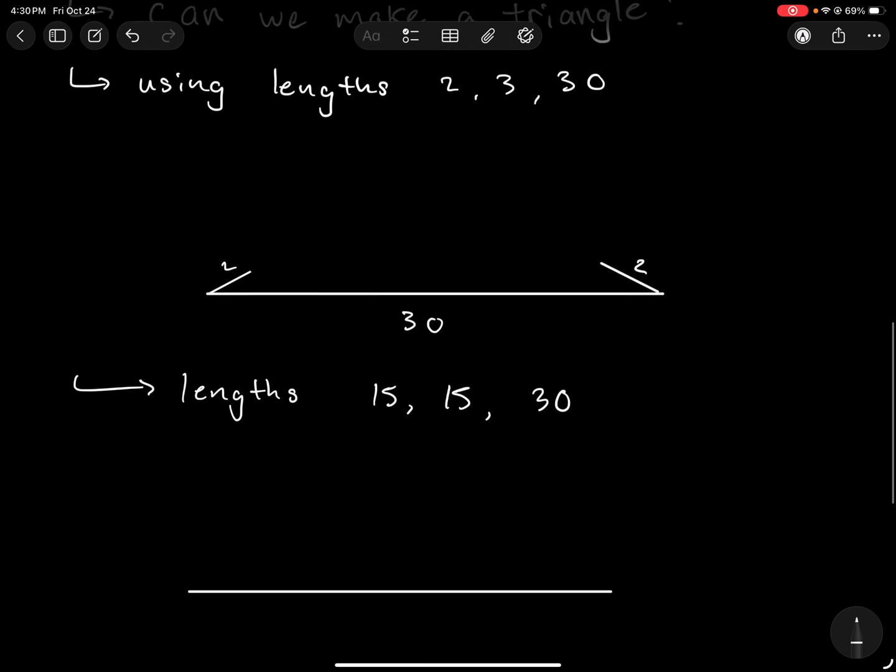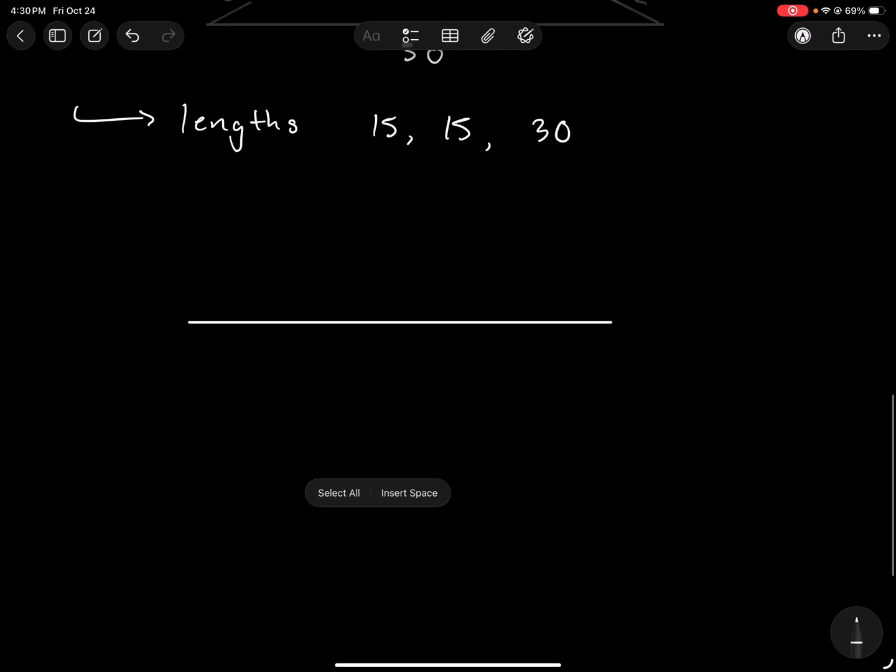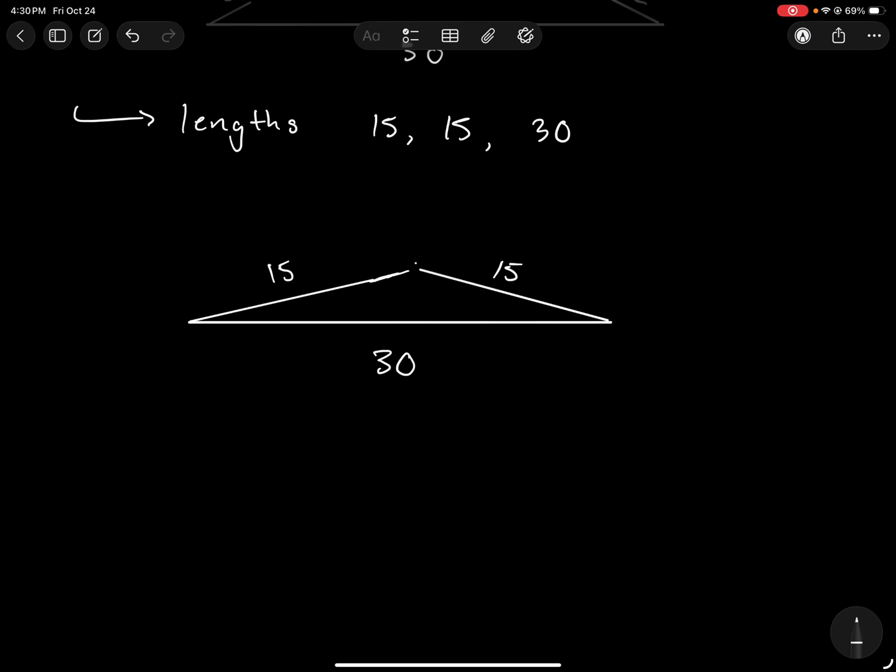But when we do draw this, or try to manipulate things in real life of similar length, you would end up having a triangle that looks like this, where these lengths are both 15, but we are just a little bit short here.